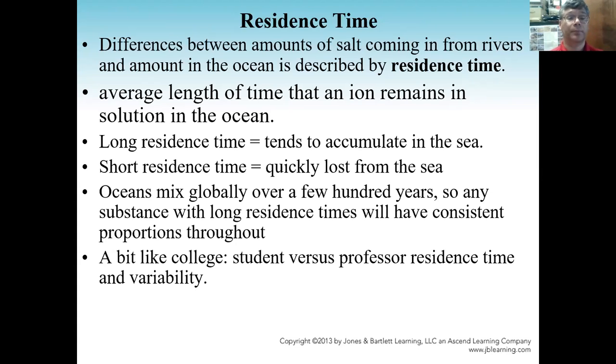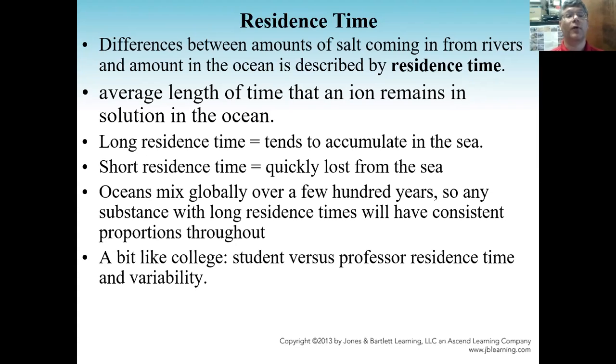It doesn't stay there long. It turns out that mixing ocean water all the way around the globe takes about 300 years at present. So if something has a rather long residence time, much more than 300 years, then it's going to get mixed all the way around the ocean, and anywhere in the ocean has about the same amount of it. That explains our law of constant proportions.